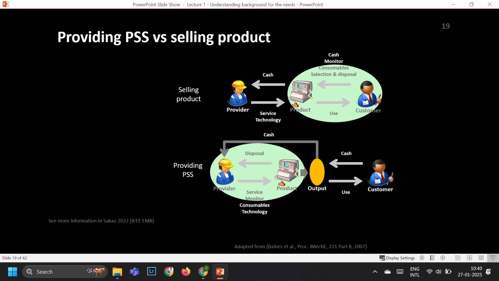So now, coming to the central concept of the course, PSS. This picture is taken from Baines 2007, which has been used very much by a number of people, and which I think clearly shows the fundamental difference between two business styles.